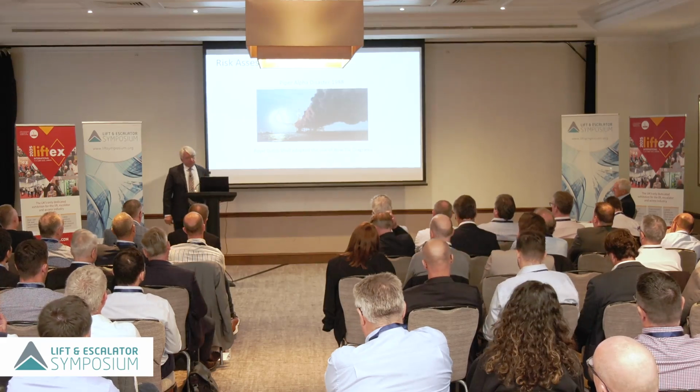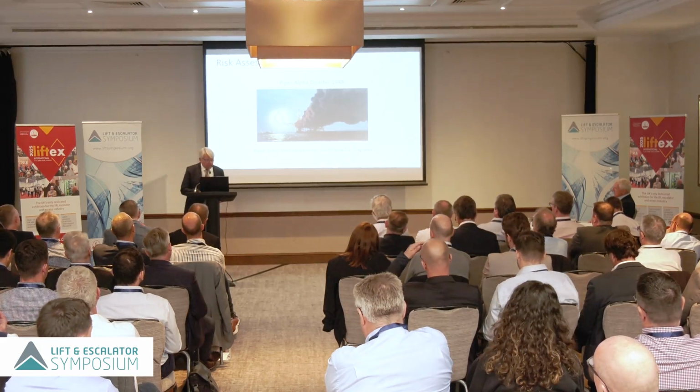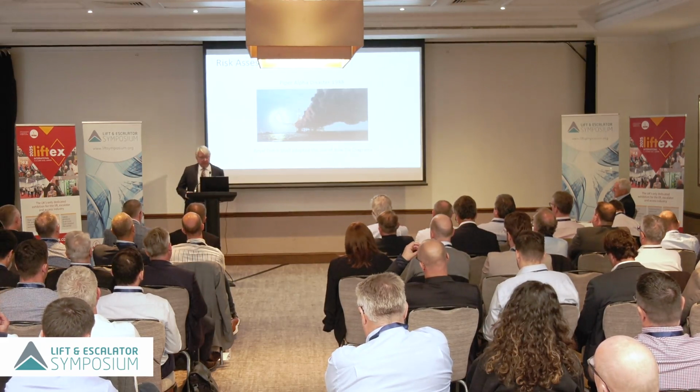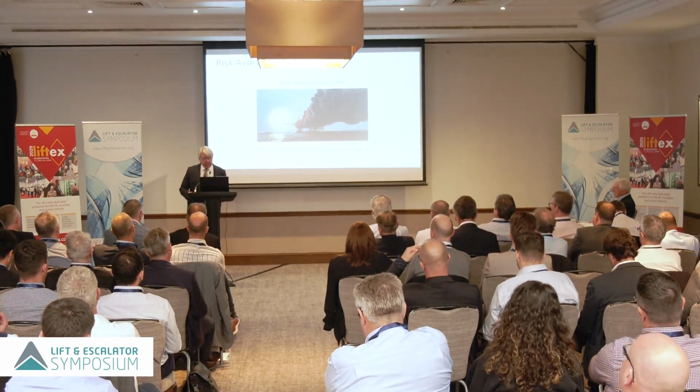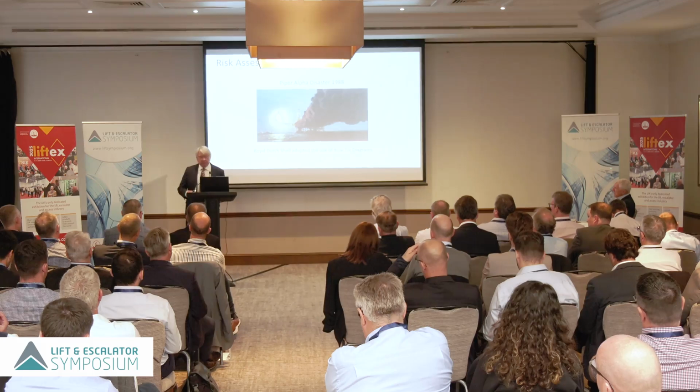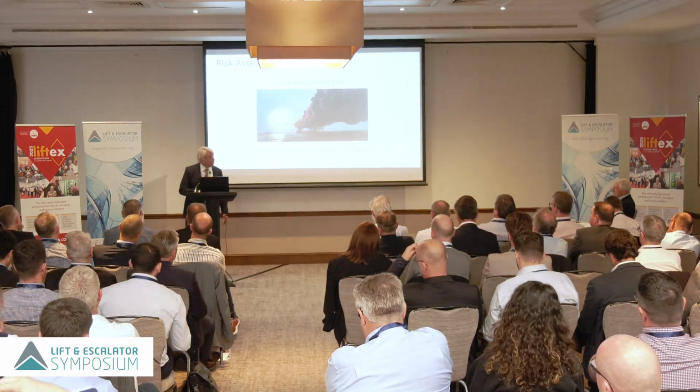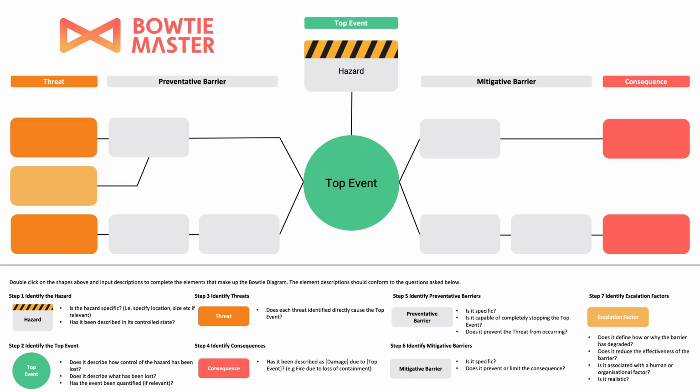And they adopted Bowtie diagrams as a way to analyze what happened, and how to use that in the future to assess potential risks. It's a little different because it's a graphical system.